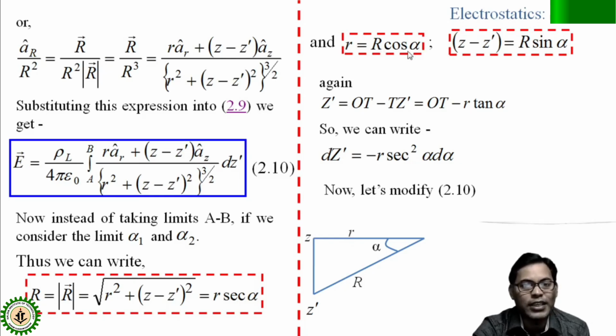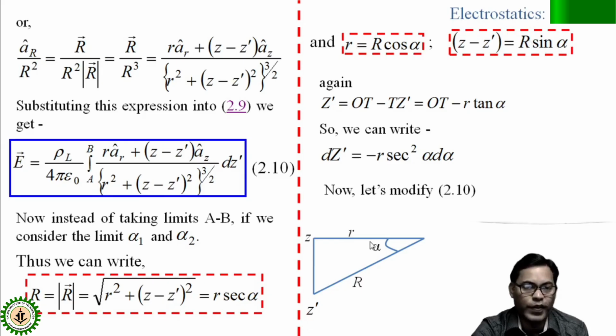Now again you can see how we get this distance: z minus z prime divided by capital R equals sin alpha. So from that, z minus z prime equals capital R sin alpha.